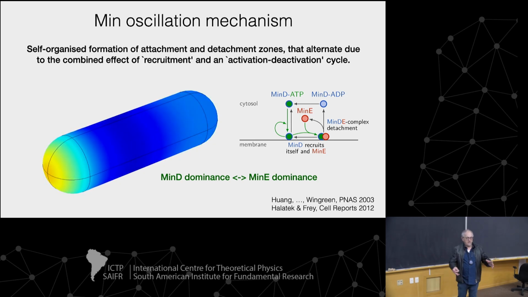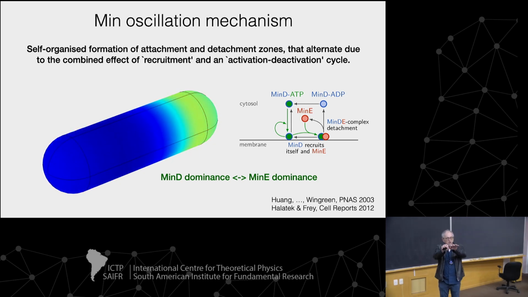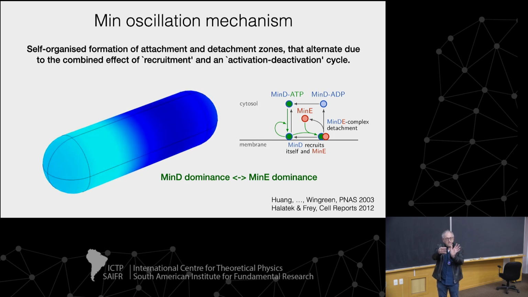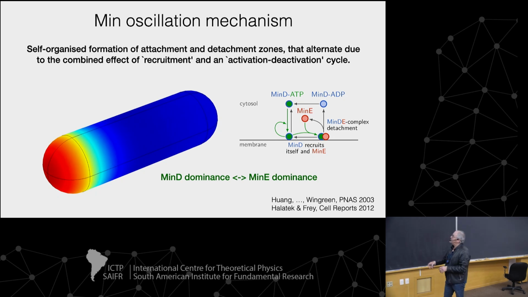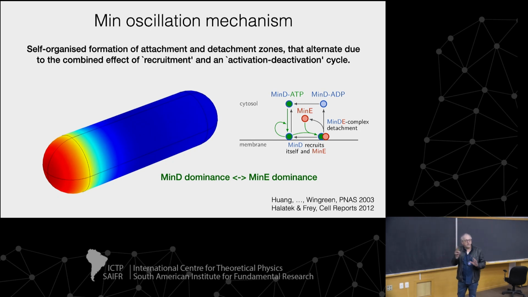And what happens there is at a pole, you have the MinD accumulating first. That's kind of the first thing that happens. And then the MinE comes after and kind of puts a ring at the back of this pole of MinD proteins, and it's chasing it and pushing it off the membrane. And that's what you see. You form a polar cap, the MinE is chasing it off, etc., back and forth.